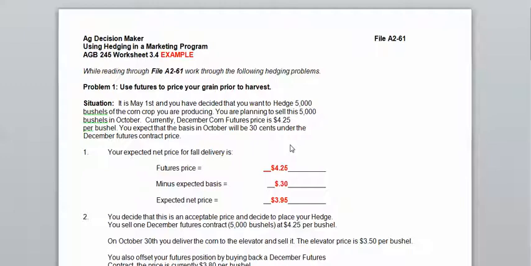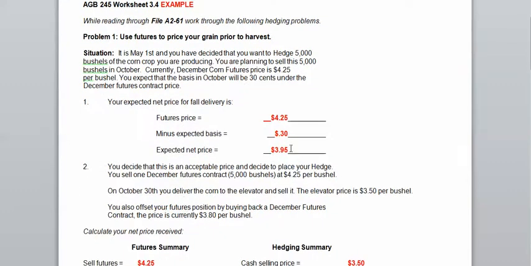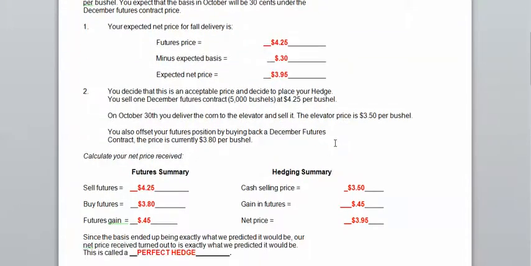We don't know exactly what basis is going to be at the time of delivery, but we can guess based on previous years. So we're expecting basis to be 30 cents under. That gives us an expected hedge price of 3.95: 4.25 minus 30 cents equals 3.95.